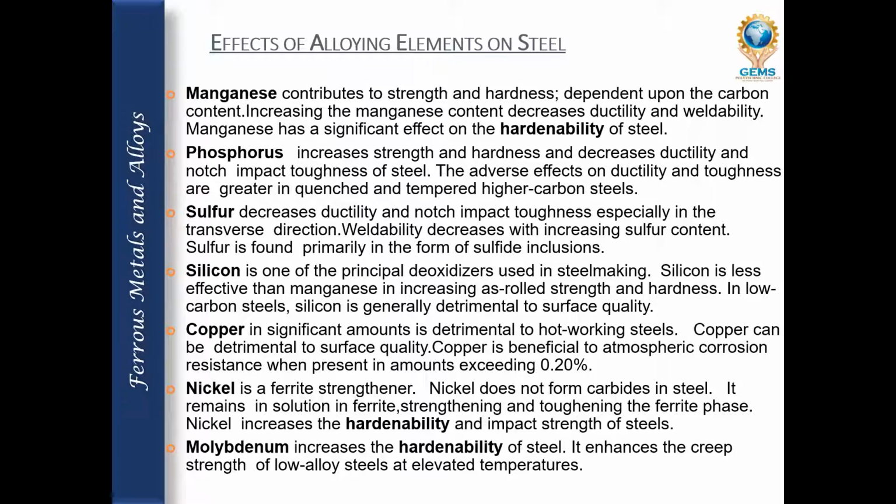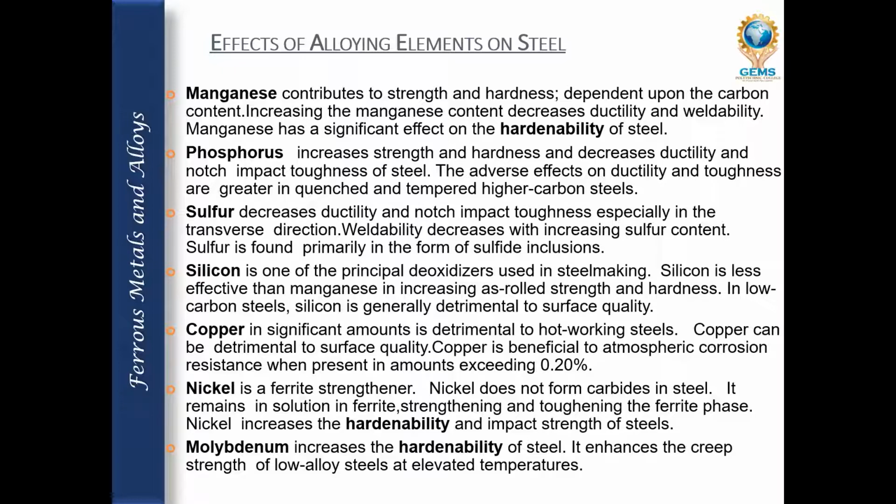Silicon is one of the principal deoxidizers used in steel making. Silicon is less effective than manganese in increasing as-rolled strength and hardness. In low carbon steel, silicon is generally detrimental to surface quality. That's the effect of the alloying elements on steel.